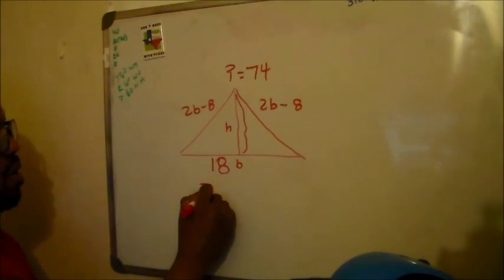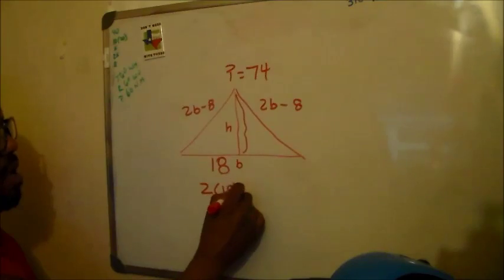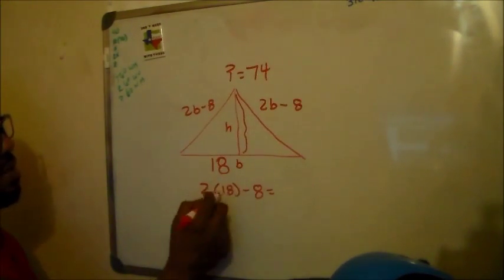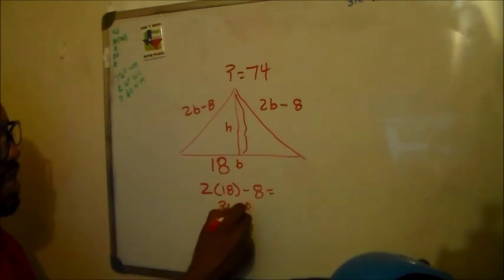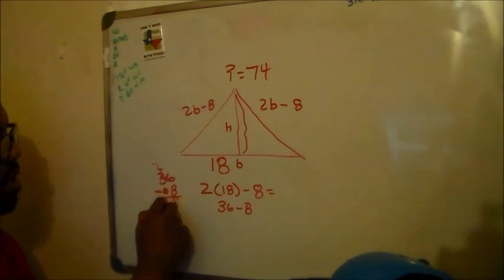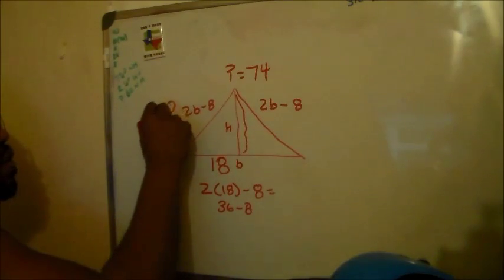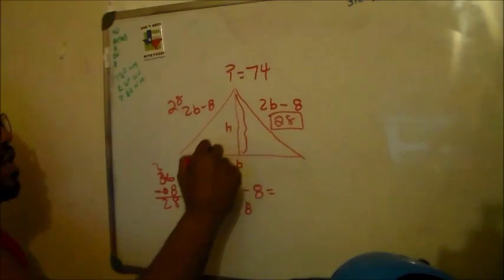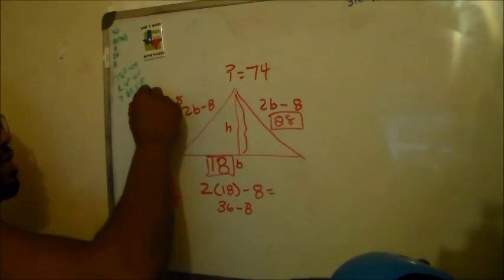So 2b is 18 minus 8, equals what? 2 times 18 is 36 minus 8, 28. So we have 28 here and 28 here for the lengths of the sides. So we have all sides here.